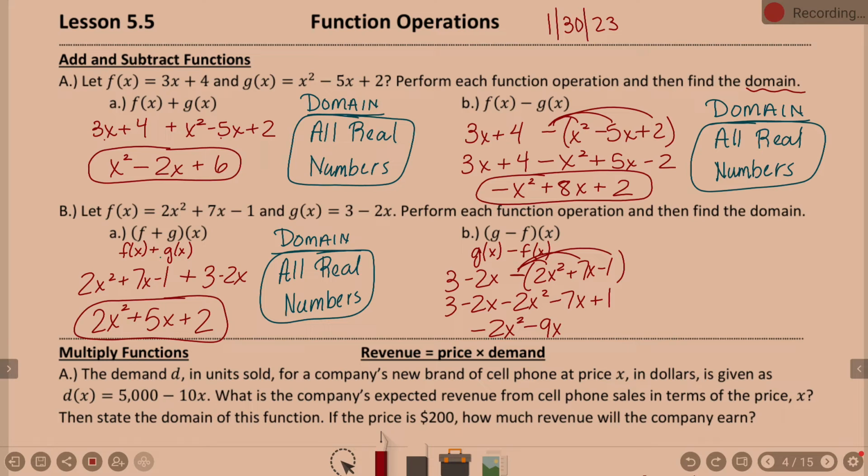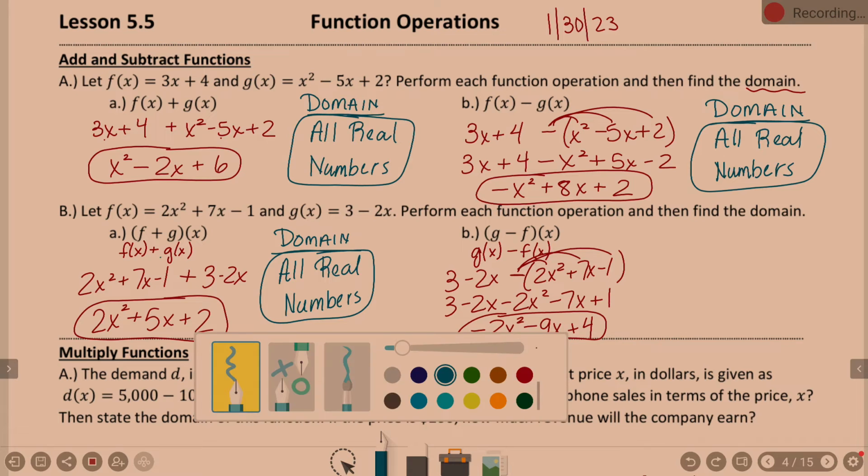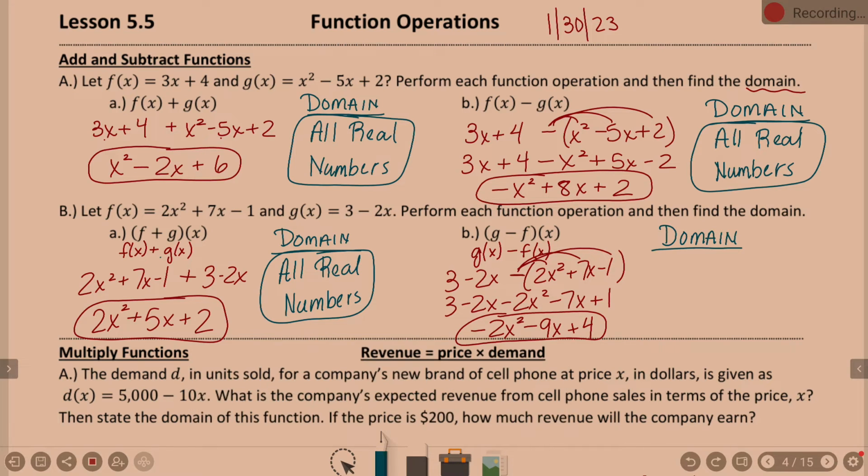And plus 4, because we have a plus 3 and minus negative 1, which is plus 1. So negative 2x squared minus 9x plus 4. Domain? All real numbers? No exceptions. Okay, anything can go in there.